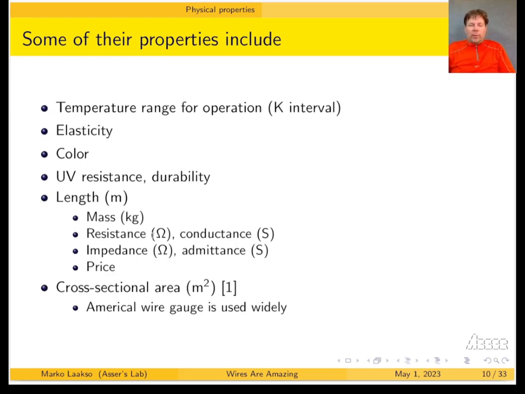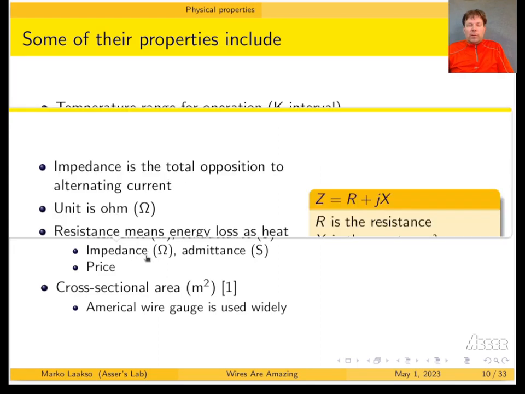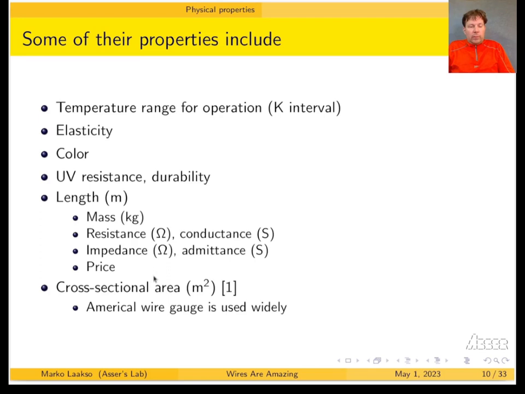The longer the cable, the more resistance you build. The impedance and the admittance, you can have larger parasitic charges, or larger electric field around the longer wire, and of course, the longer the cable, the more it typically costs.